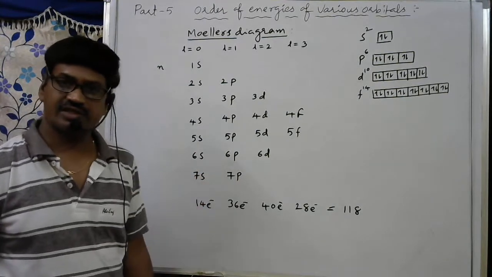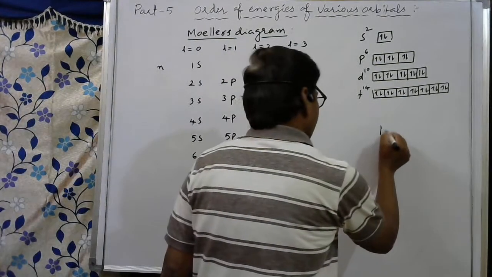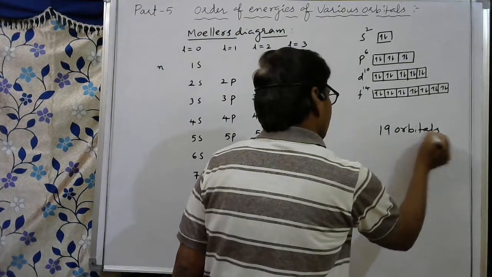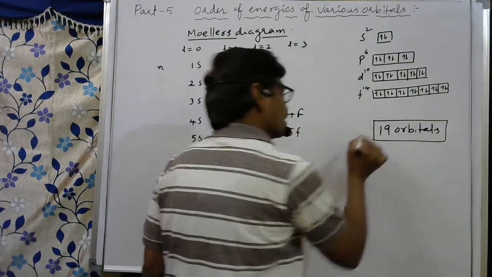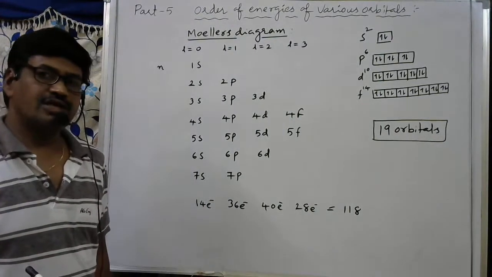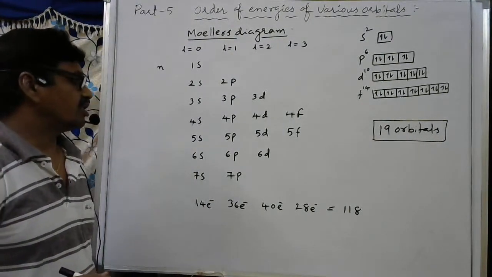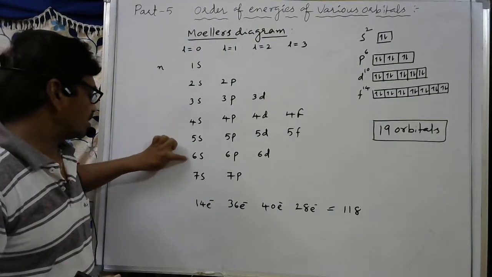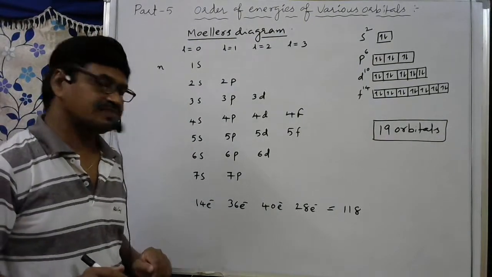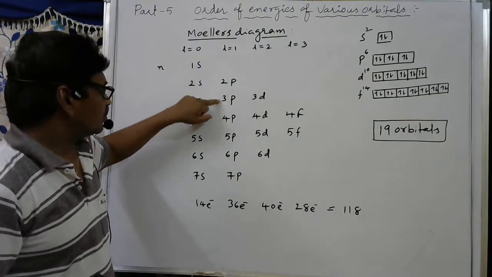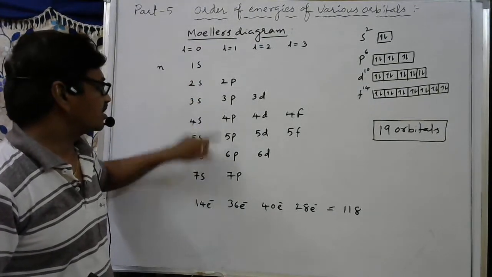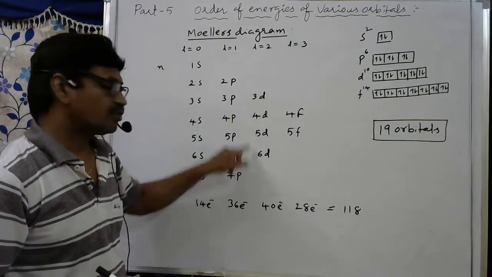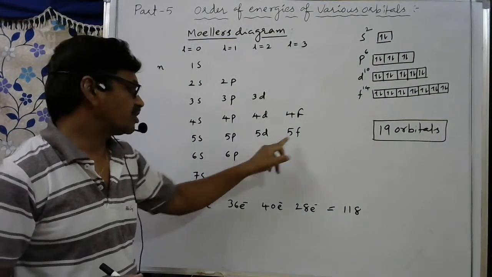How many orbitals are there? Total 19 orbitals. 19 orbitals are enough to write electron configurations of all the elements which are present in our periodic table. How many orbitals? 19. See here 1, 2, 3, 4, 5, 6, 7: 7 s orbitals. Then 1, 2, 3, 4, 5, 6: 6 p orbitals. 7 plus 6, 13. 13 plus 4, 17. 17 plus 2, 19.